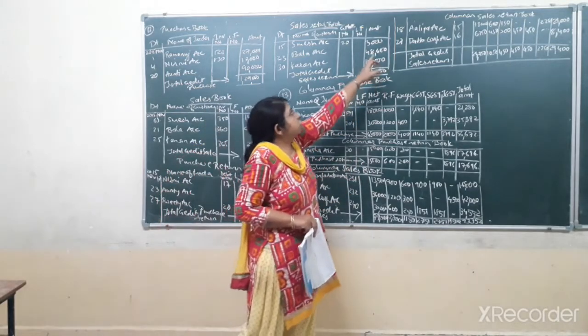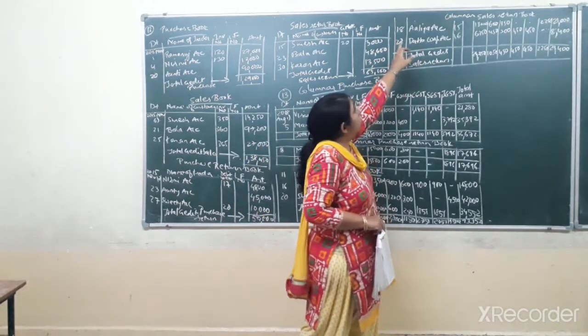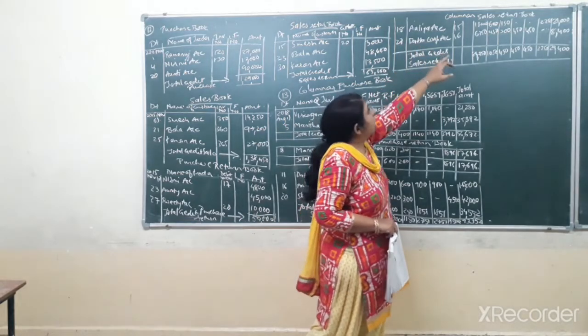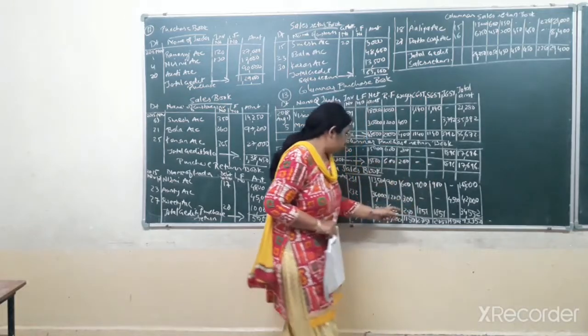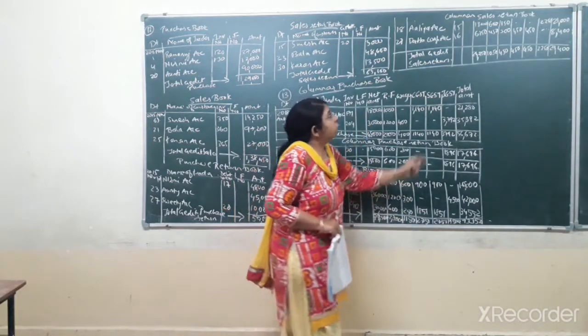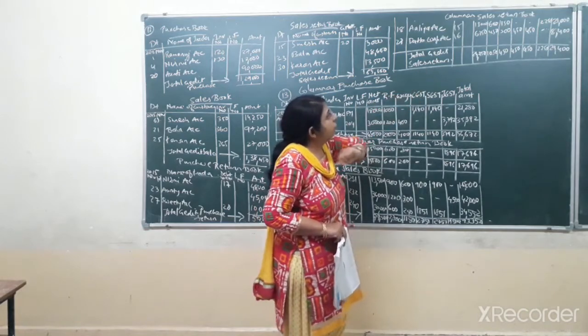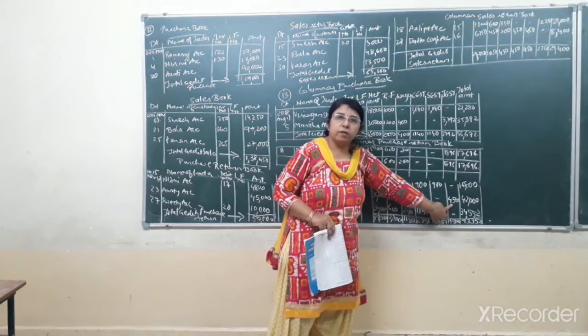So it is a sales return transaction. In the sales return book, I have written the date, 18th, and the name of the customer, Alia's account. Half of 36,000 is 18,000, half of 1,200 comes to 600, half of 300 comes to 150, and the IGST that we had counted was 4,500.